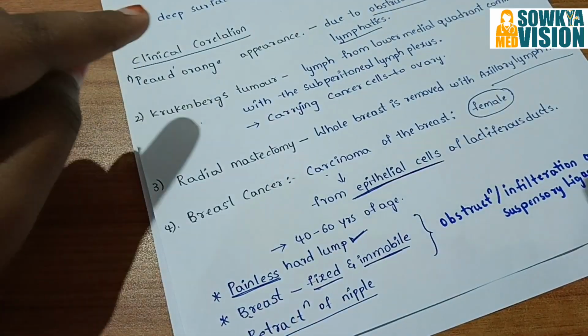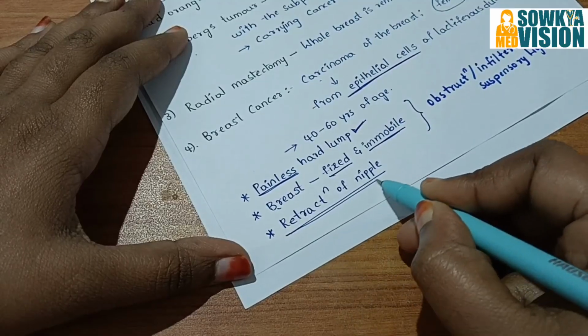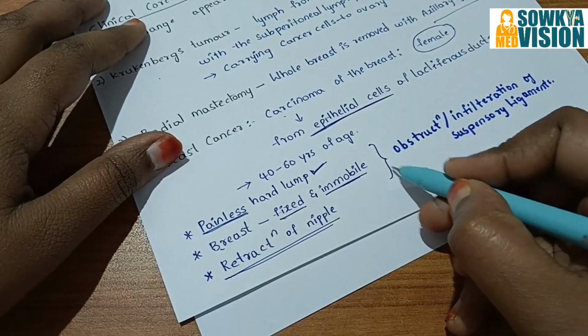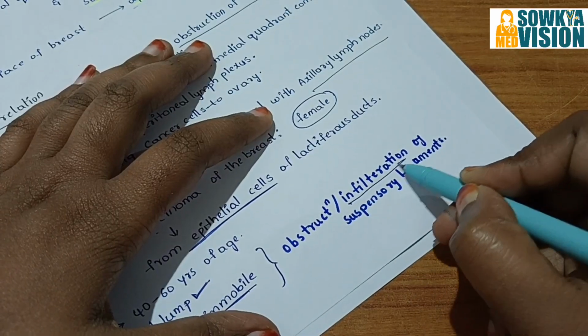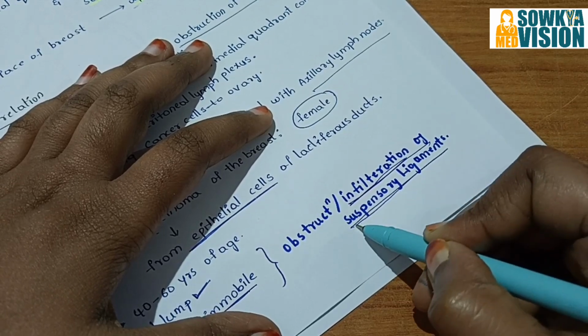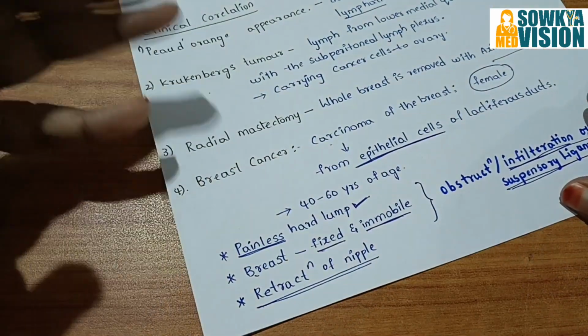Normally the nipple is conically protruded out, but in the cancerous condition the nipple is retracted inwards. Why are all these conditions occurring? It is due to infiltration of the suspensory ligaments. The suspensory ligaments are infiltrated, hence these conditions occur.